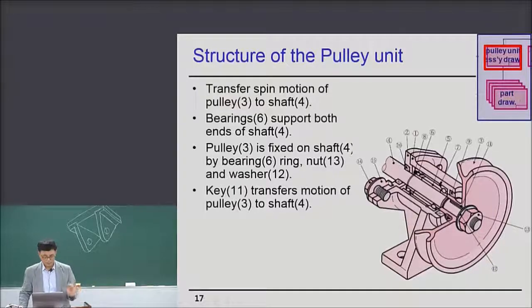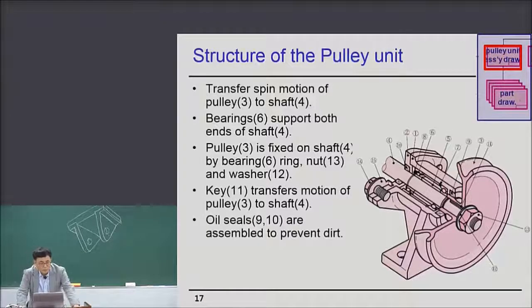The key transfers motion of the pulley to the shaft very positively without depending on any friction. And oil seals 9 and 10 are assembled to prevent dirt coming from outside to inside the shaft.